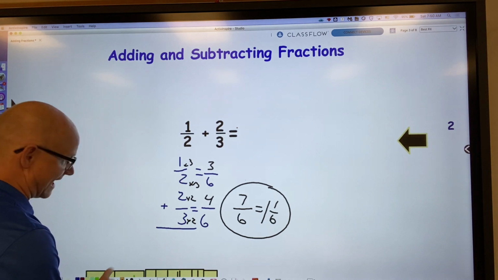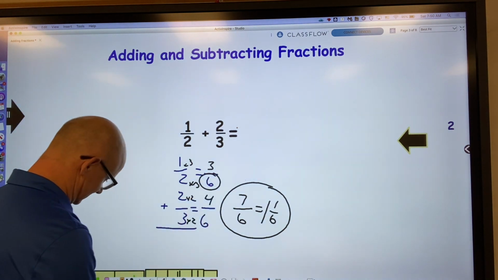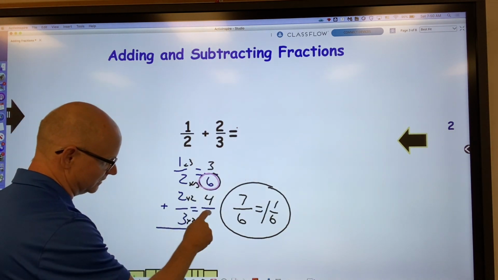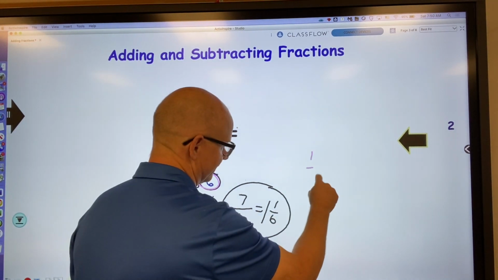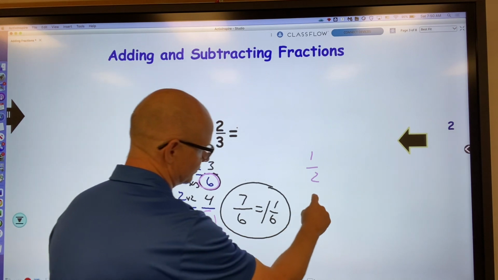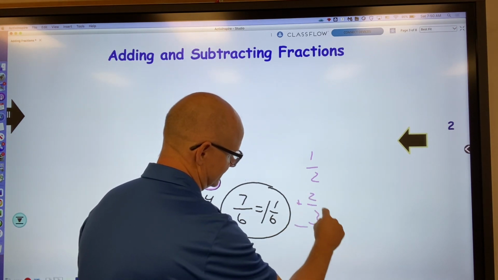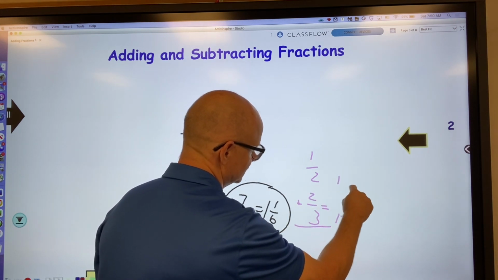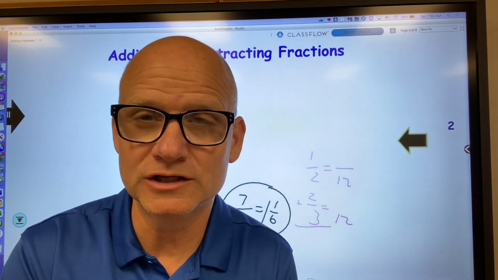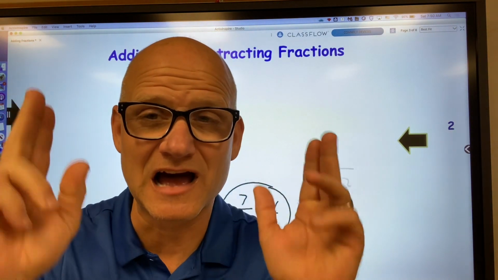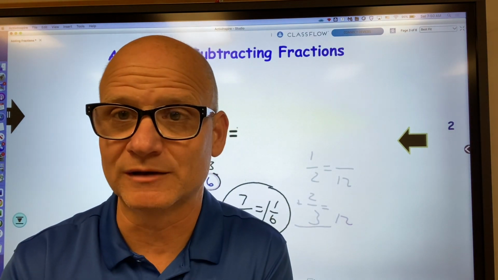Somebody in here might not have found 6s as a common unit. They might have said, I will convert them to 12s. Well, you can do that. It doesn't matter what unit you use as long as it's a common unit between those two denominators.